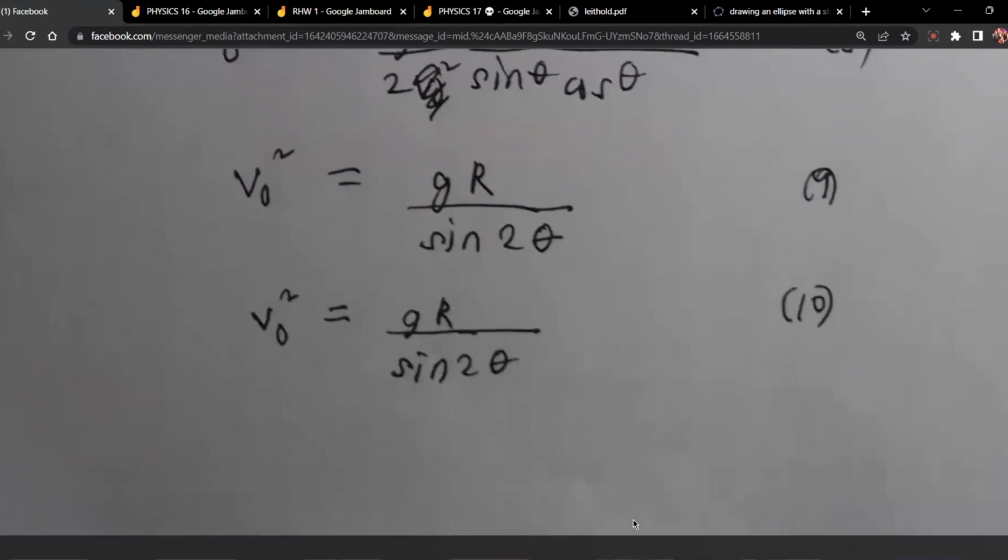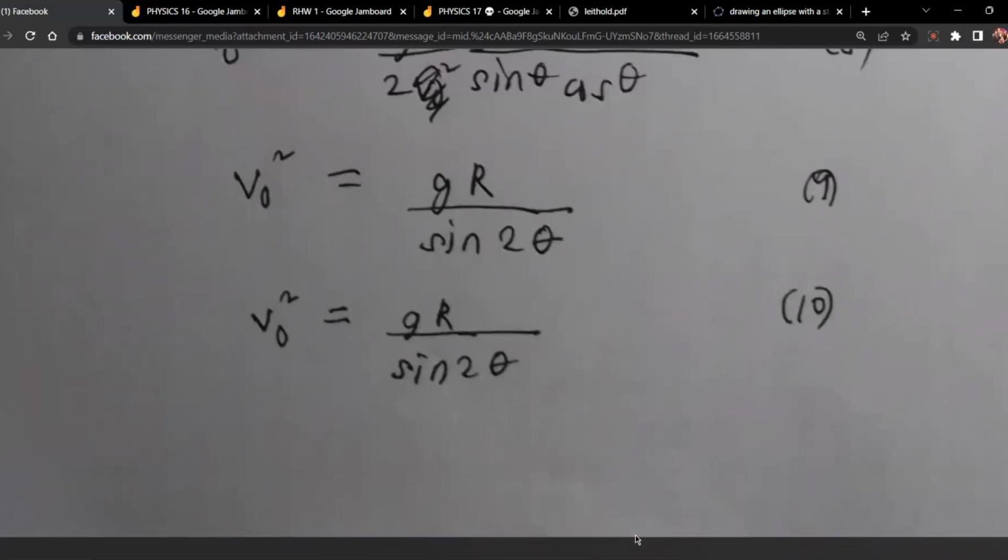Ako, for example, hindi ko maalala yung range formula. Pero ang naalala ko lang yung kinematic equations and how to go around from there to get y versus x or paano i-calculate yung range. For example, this is actually getting the range formula eh.